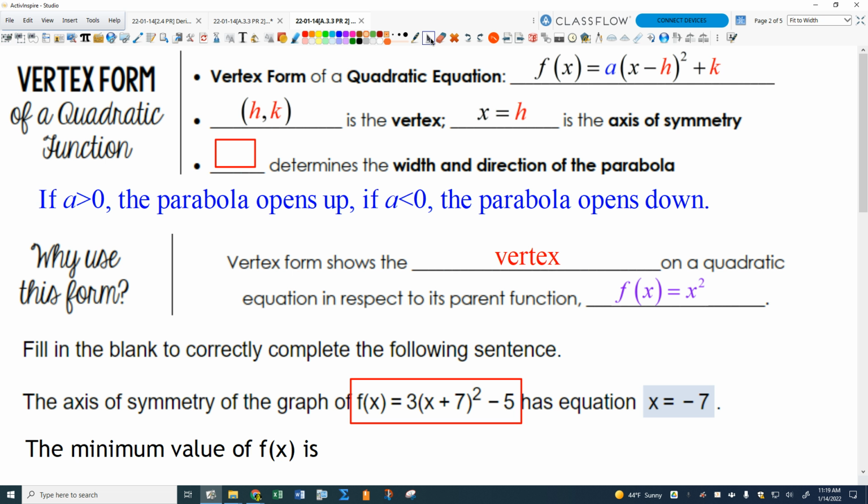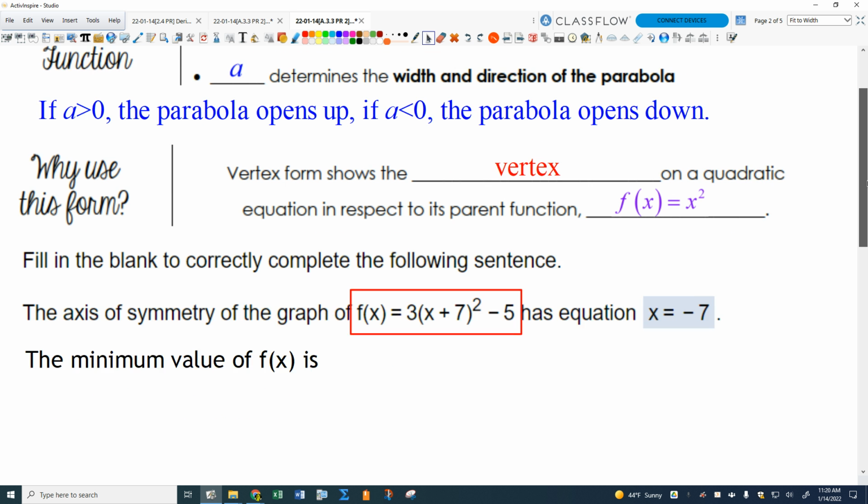And just like before, a determines the width and the direction. That's the vertical dilation factor. Are we taking our regular x squared parent graph and changing its shape at all? One quick rule of thumb: if the vertical dilation factor A is positive, greater than 0, then the parabola is always opening up. If it's negative, the parabola is opening down, right?